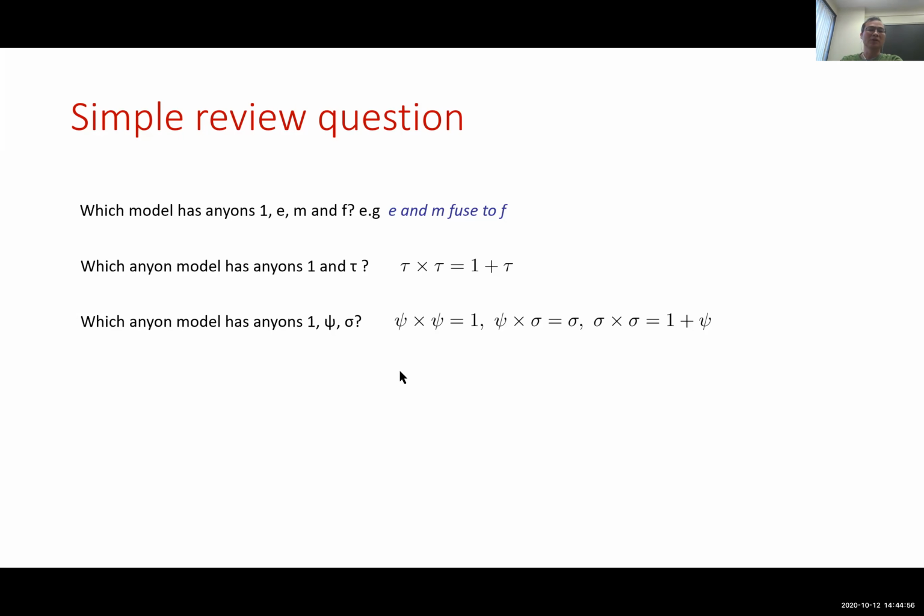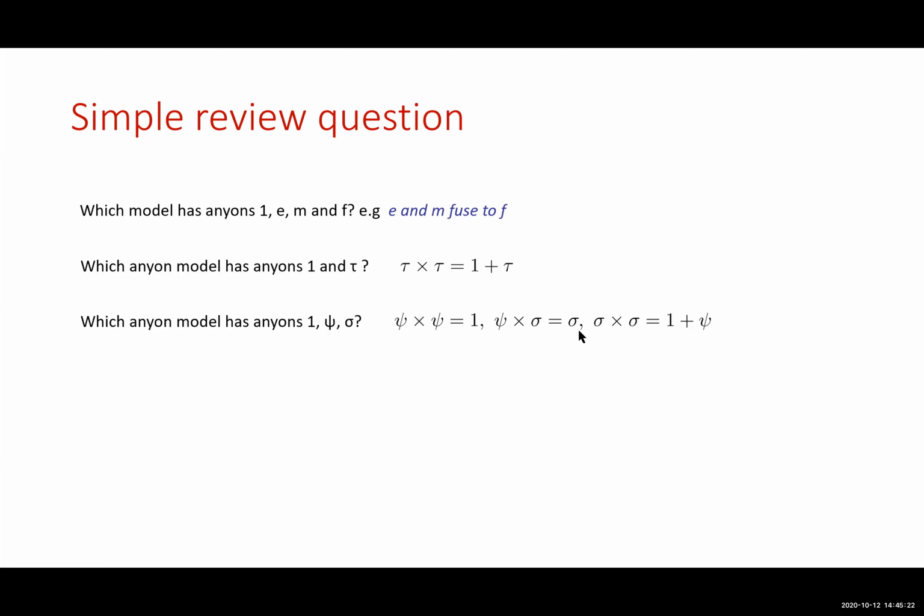The third question: which anyon model has anyons vacuum, fermion, and sigma? The way they fuse is that two fermions fuse to vacuum, fermion and sigma fuse to sigma, sigma and sigma fuse to identity and fermion.